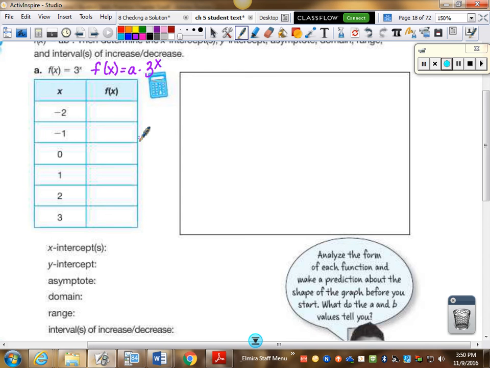When you don't see an a, it's an invisible one, because if I multiply 1 times 3 to the x power, it doesn't really change anything. So what I want you to recognize is that this is my a. It's what's going to be across from 0. It's my y-intercept.